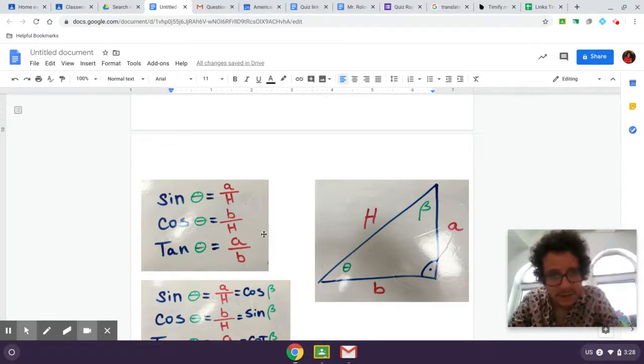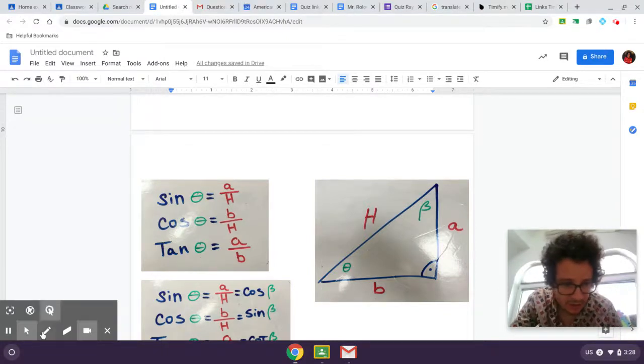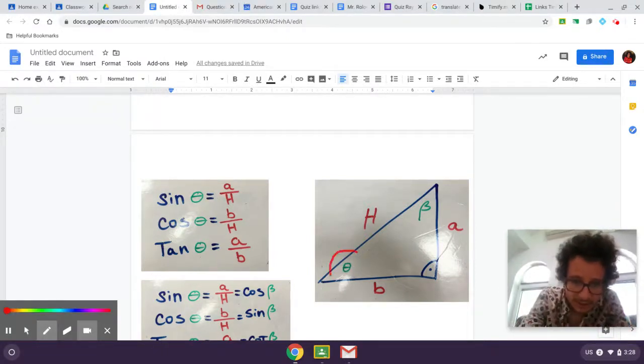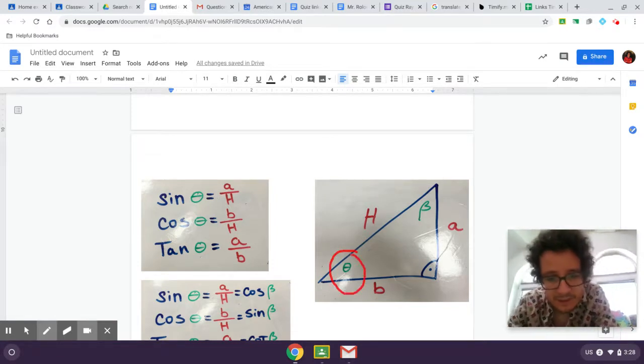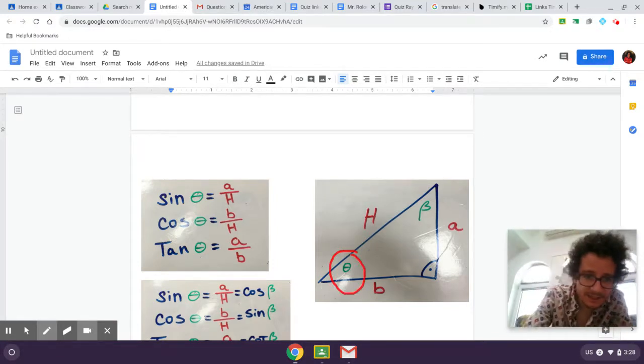So the definition of sine, let's have a look at this angle here, theta. The definition of sine for theta is the opposite side, which in this case is A, divided by the hypotenuse.